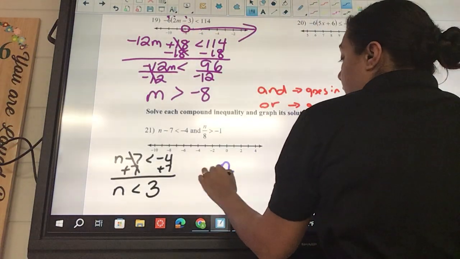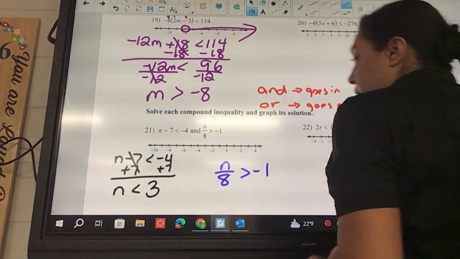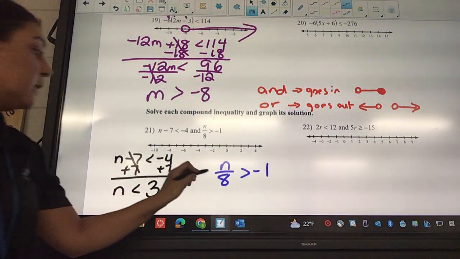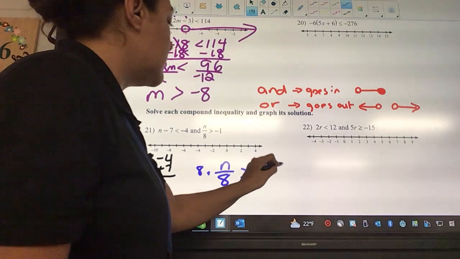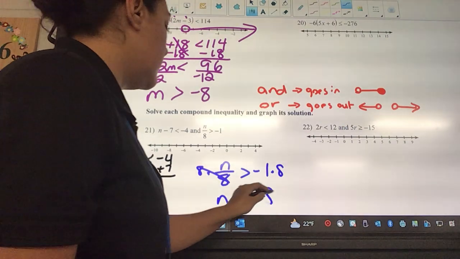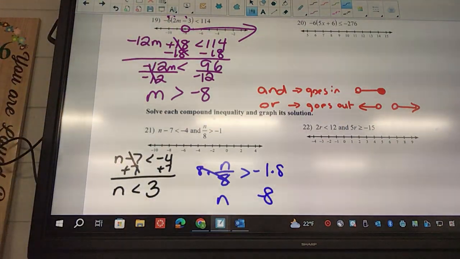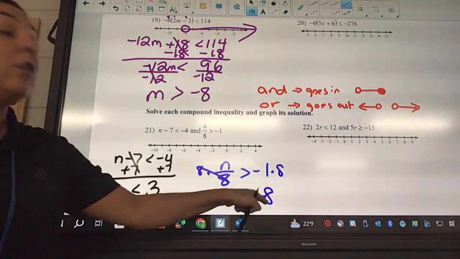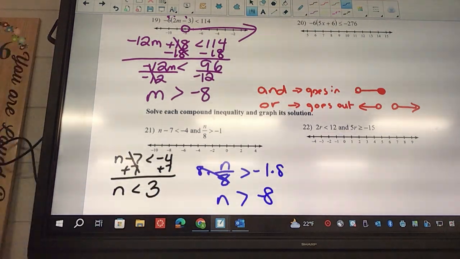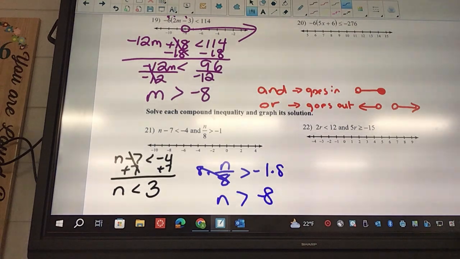Okay, for the other one, times 8 on both sides. Do I need to flip my sign? No, because the 8's not negative. Okay, so we have our two inequalities.